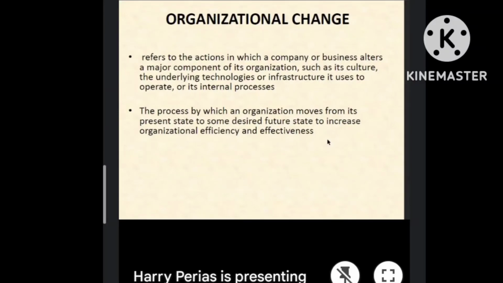So, hindi puwede na magko-cause tayo ng disturbance sa ating organization by making changes tapos ang kalalabasan lang niya, ang magiging return niya sa investment na gagawin natin is negative o kaya hindi maganda.